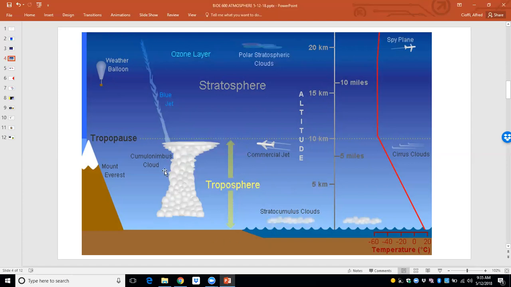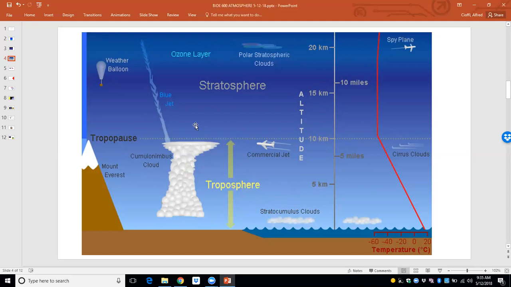So that's the water cycle in brief. Most of the cloud formation happens within the troposphere, especially the cumulonimbus clouds and the ones that are heavy with rainwater, okay?